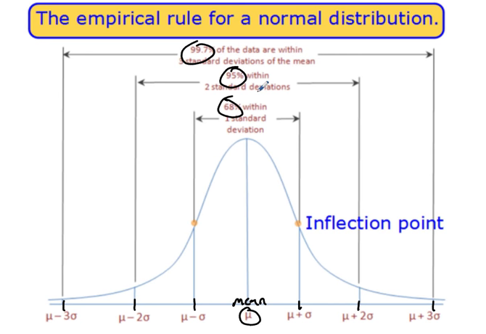And 99.7% of the data is in between adding the standard deviation 3 times and subtracting the standard deviation 3 times. So if we break down this 68%, this much of the curve that hits between these two lines is 68%. So that means this one section right here would be half of that, 34%. And this other half would also be 34%.